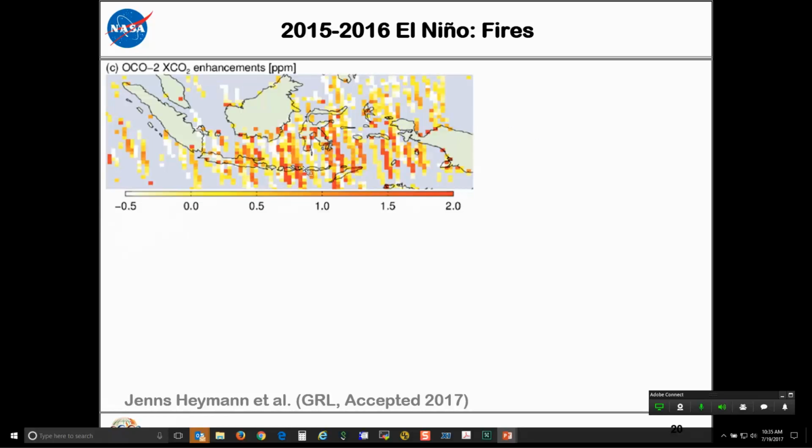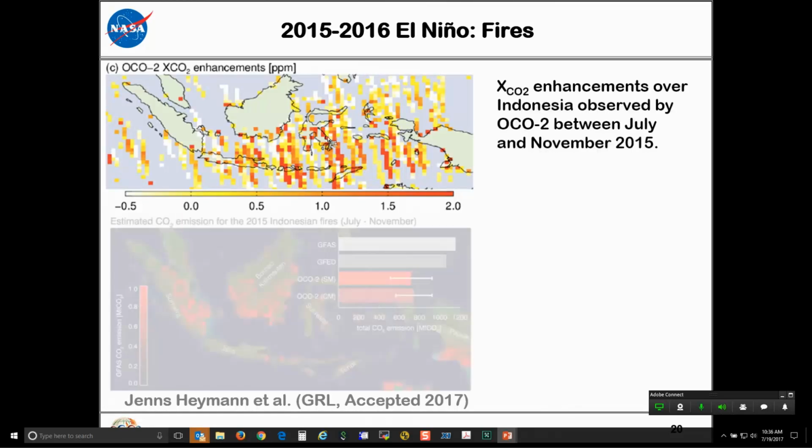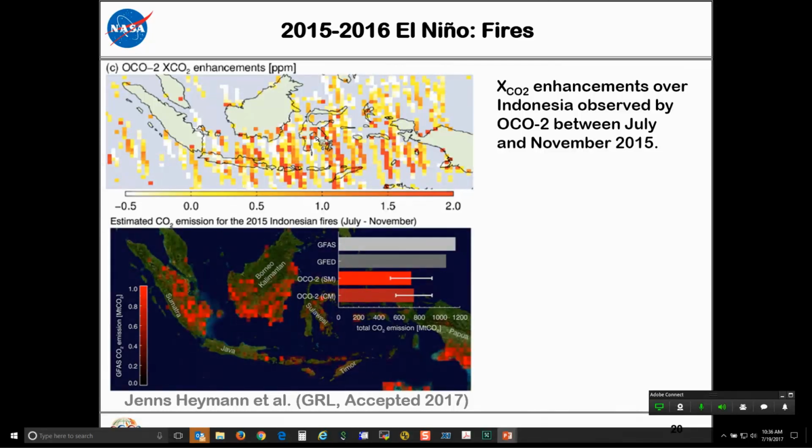We also saw direct evidence of the fires over Indonesia. As you might recall, they essentially burned down all that was left in Indonesia during the 2015-2016 El Nino. This was a very spectacular set of events that led to some incredible air quality issues. We then compared the measurements made by OCO2 to the inventories that had been put out for biomass burning based on fire counts and so forth.